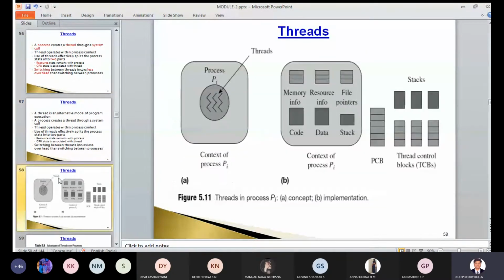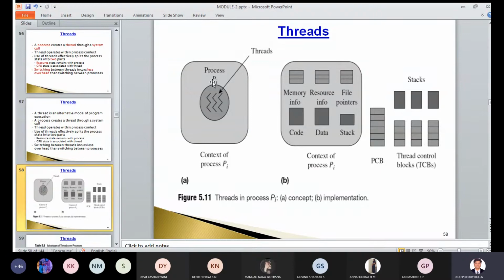Now let us look at this one. This is your operation of the threads. So we have a process here. Inside this process, we have the threads. There can be n number of processes. So let us say, for example, one process we have taken P1.